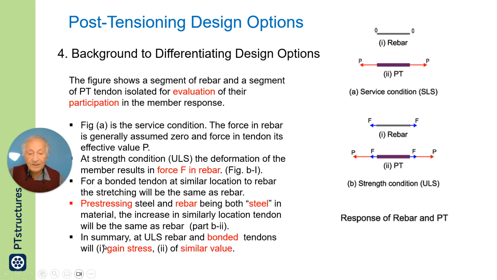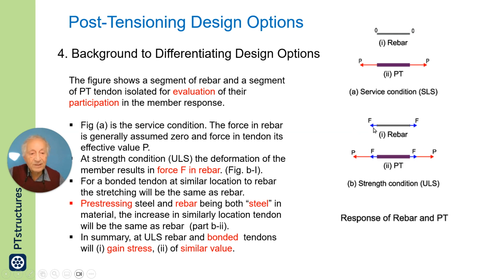So in summary, at ultimate limit state and with bonded tendons, the gain in stress is similar to rebar. I'm dwelling on this excessively because that is what makes the difference between the three design methods, as we will soon see.